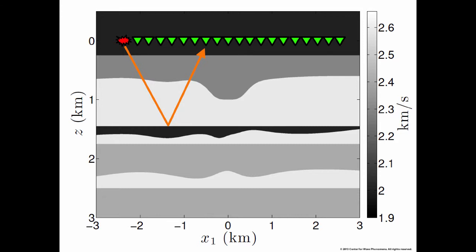So they all share this common assumption, and this means that the wave bounces only once in the subsurface and then goes back to the receiver where it is recorded. And this is what we call single scattering. But as we know, that doesn't happen in the Earth, and the waves bounce a lot of times internally between the layers, for example, as you can see here.